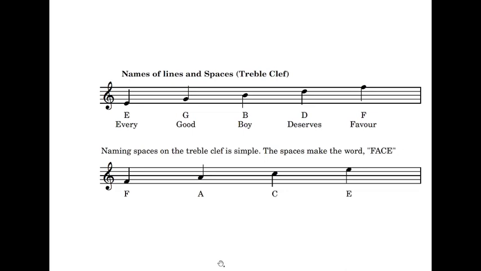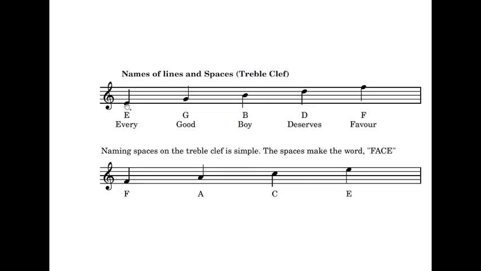Naming the lines and spaces on treble clef. Every line you see in music, every space has a name. Now we need to understand how to name these lines and spaces. Look at this note.